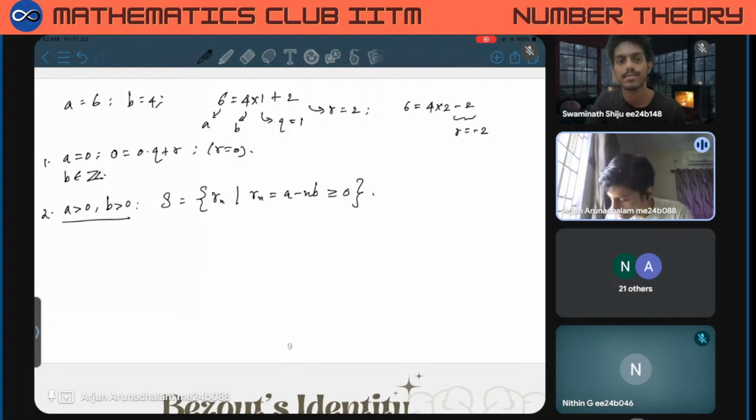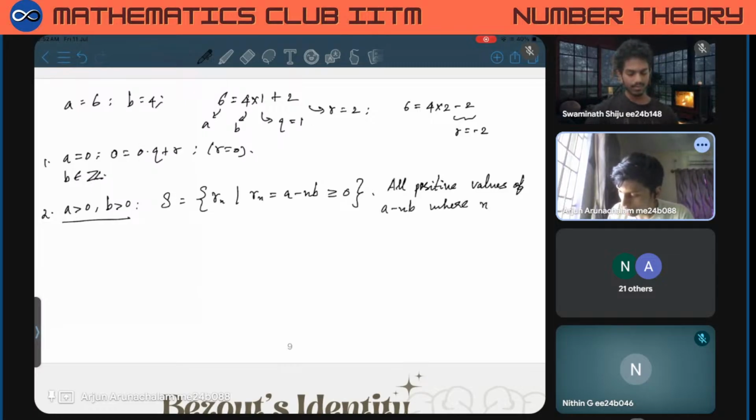So this is all positive values of a minus nb, where n is an integer. Now we say that R naught is the minimum of S. You can see that this is a discrete set. So by the well ordering principle, there exists a particular R naught, which is the minimum of S, and it is greater than or equal to 0.